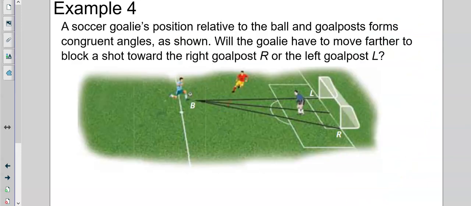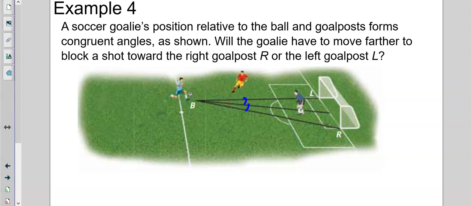All right. A soccer goalie's position relative to the ball and goalposts forms congruent angles as shown. So this and this are equal. Will the goalie have to move farther to block a shot towards the right goalpost or the left goalpost?